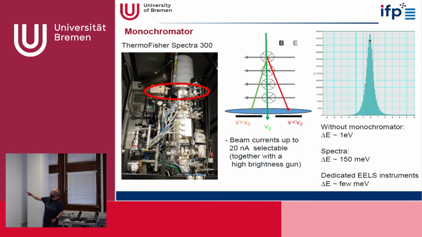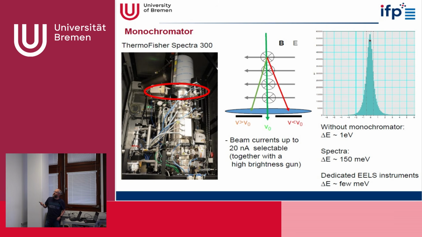Therefore, we apply an additional electric field which compensates for this Lorentz force, and then afterwards electrons with a velocity v0 will go down on the optical axis, whereas electrons with a larger or lower velocity than v0 will crash into an aperture, and in this way we can make a smaller energy distribution of the electrons.